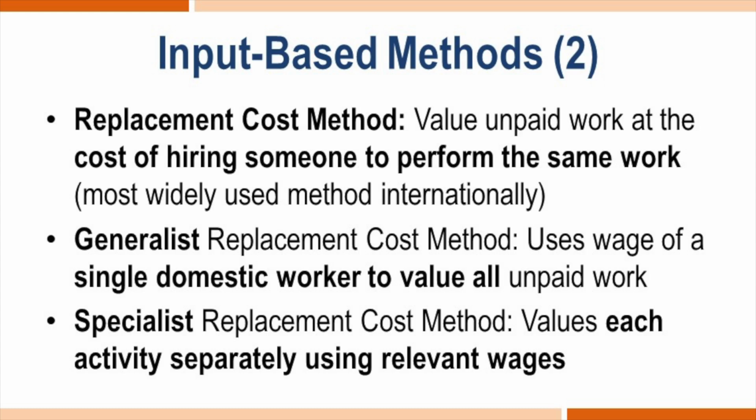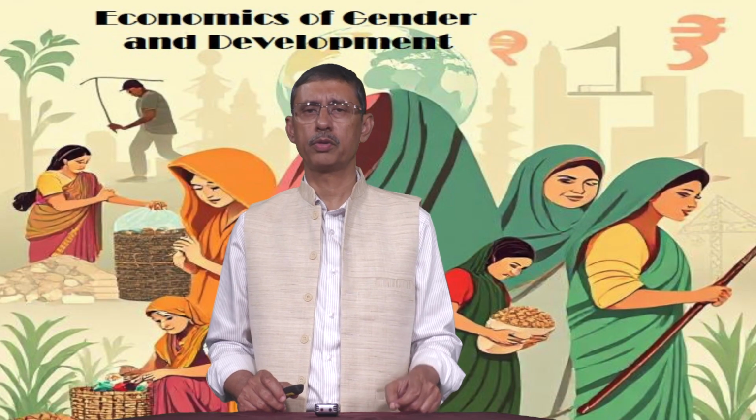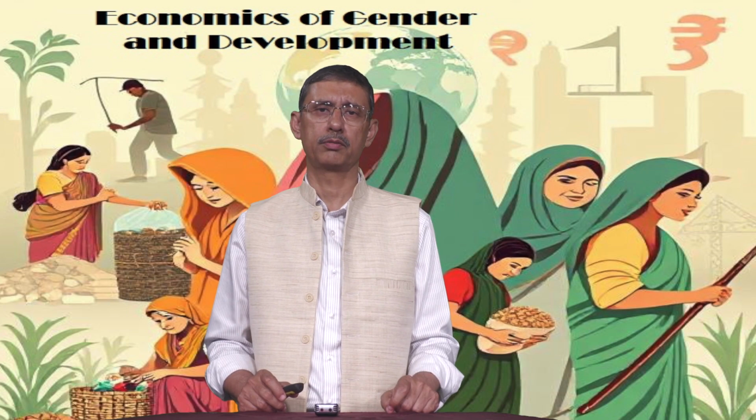Within this broad framework, we have two variations. One is called the generalist replacement method, where we have a fixed value for all and apply it to all kinds of work. The other is called specialist replacement cost, where each activity is valued at the relevant wages. That means if you want to value cooking, you give it a professional cook's rate.